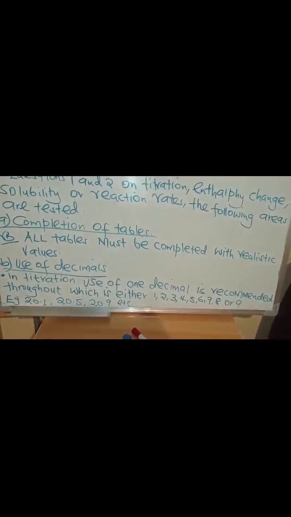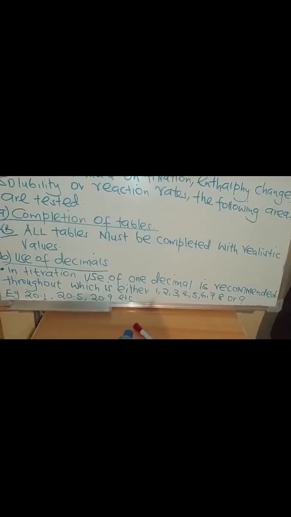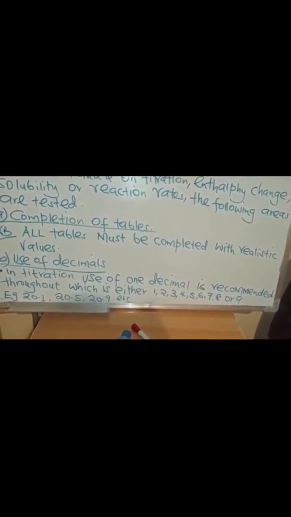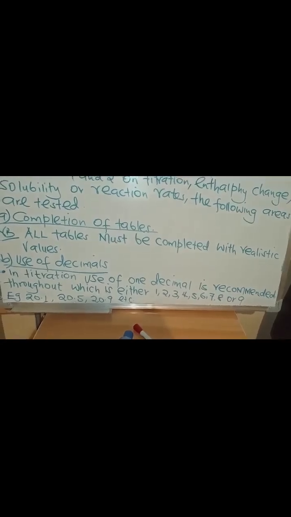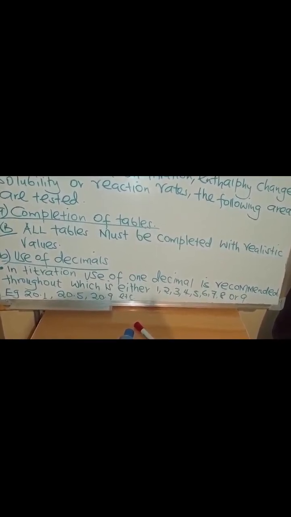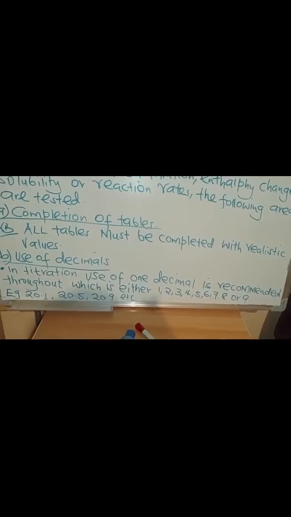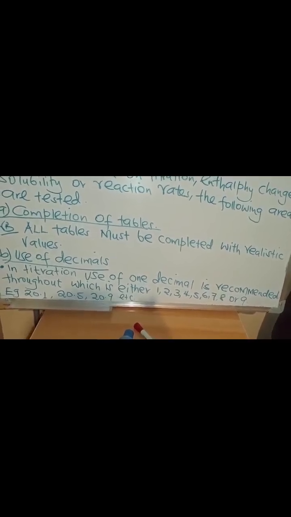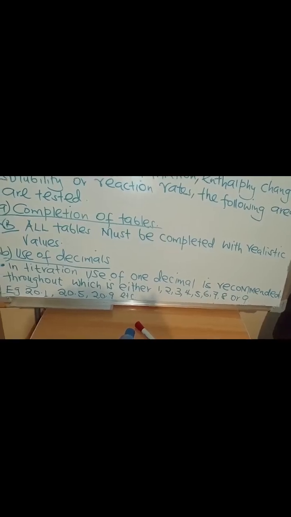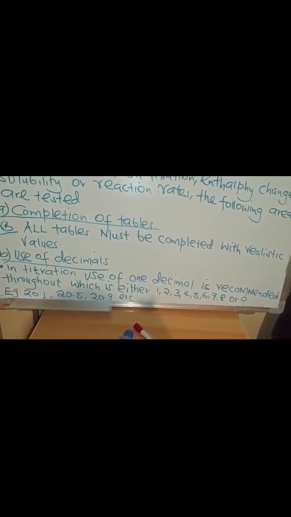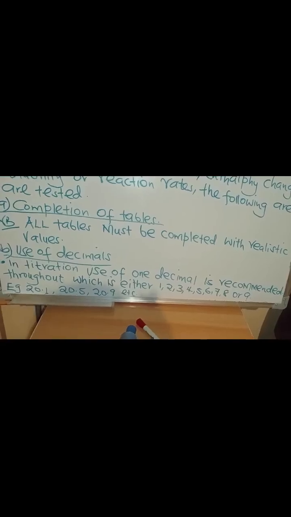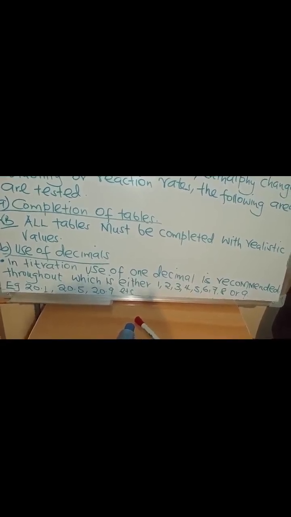And when you decide to use that 1 decimal place, let it be throughout the table. No single value should have any decimal point other than 1 decimal point. You should not have a mixture of 1 decimal point with other values having 2 decimal points. You should also not have a mixture of 1 decimal points, 2 decimal points, and whole numbers. It is 1 decimal point throughout.